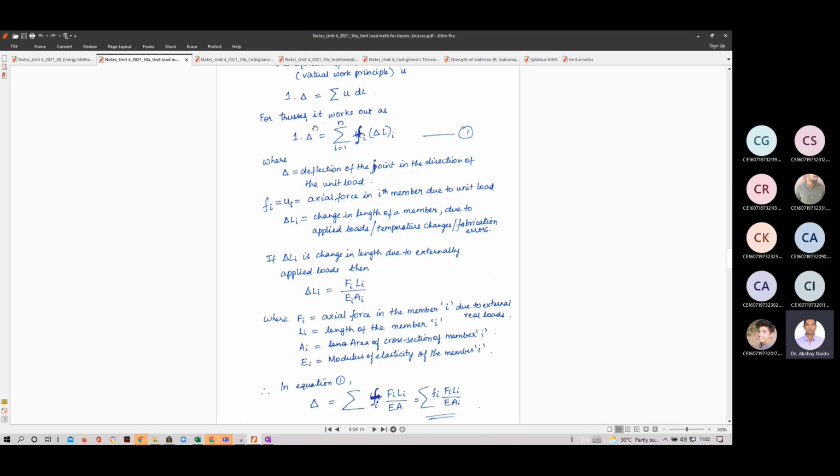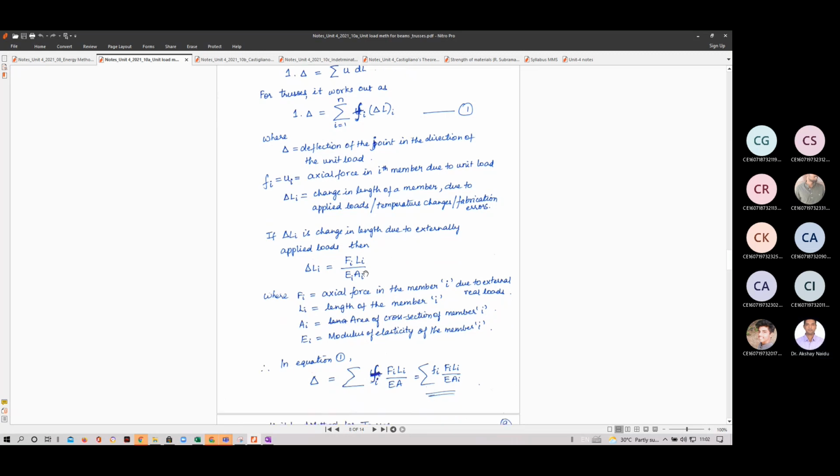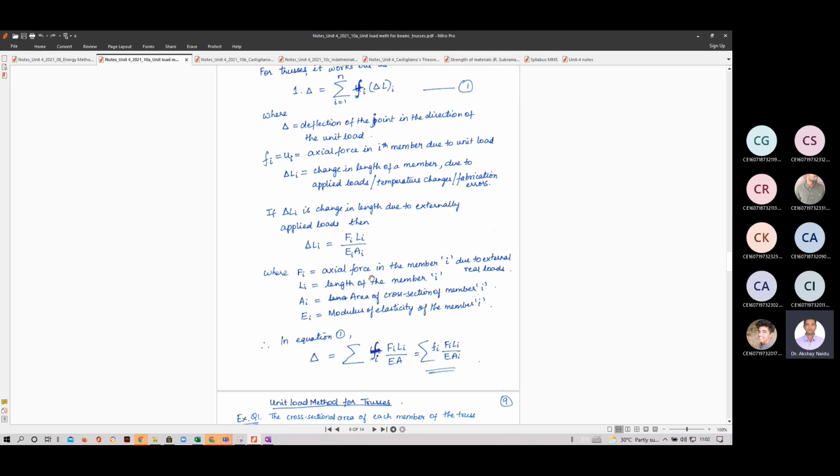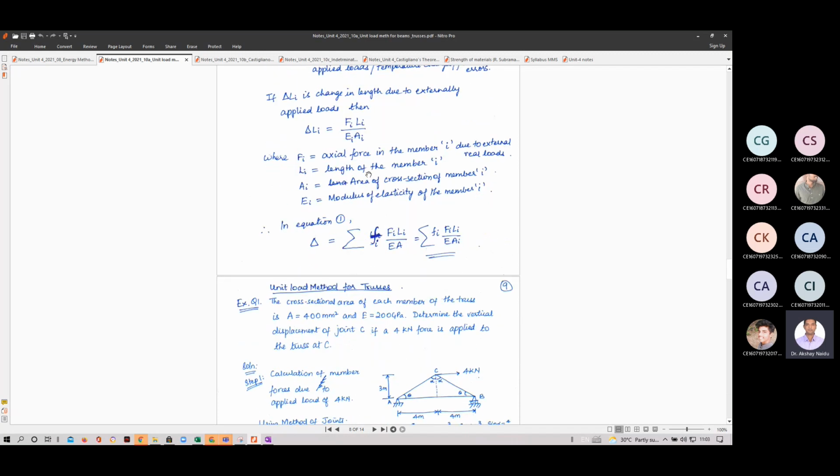Virtual force times real displacement is the sum of the virtual forces times the real displacements. So remember that: forces are virtual, displacements are real. Displacements are real means the displacements under the real forces. Capital F_i is the force in the member due to external real loads, whereas small f_i is the force in the members due to virtual loads. So this is how we do.